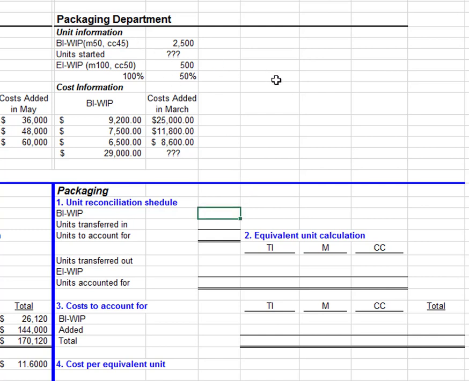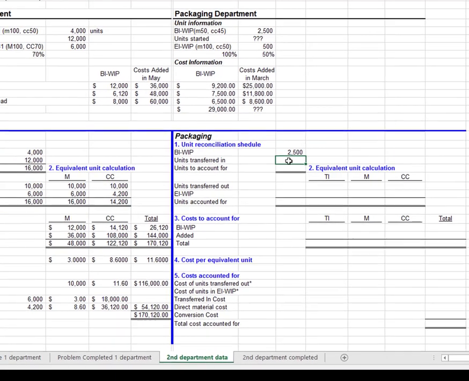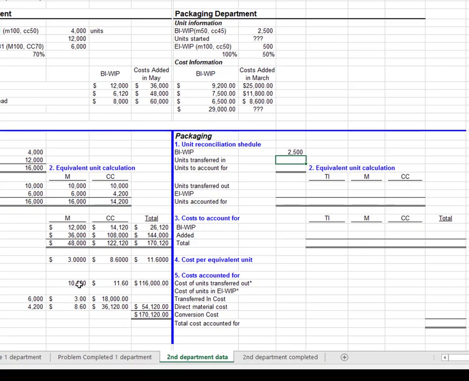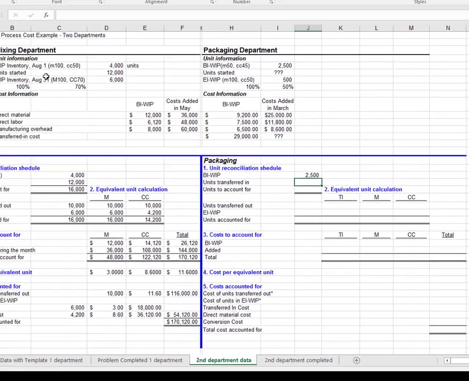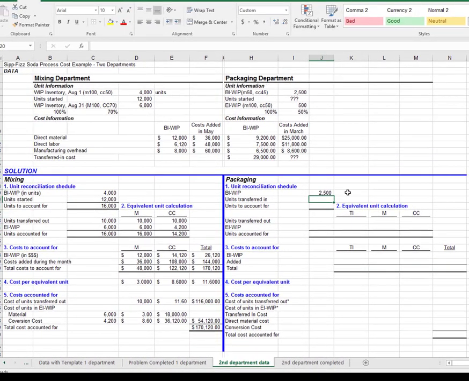We've got beginning inventory work in process, 2,500 units, and then it says units started, we've got a question mark there. Well, the units started were the units that were transferred out of the previous department. They're transferred from mixing to packaging. So my units started are these 10,000 units right here that were transferred out.